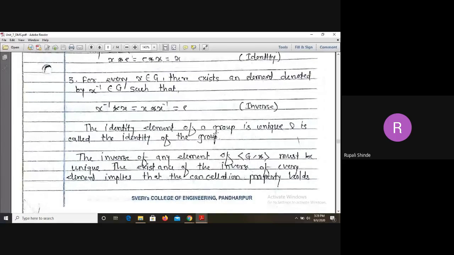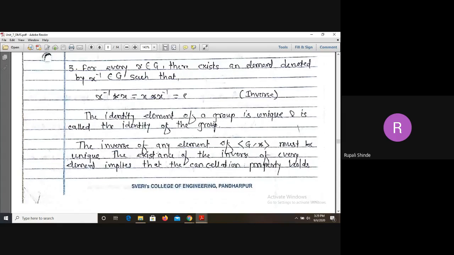Here one statement is given: the identity element of a group is unique, and it is called the identity of that group. Each and every group will have only one identity element. The inverse of any element of G star must be unique.